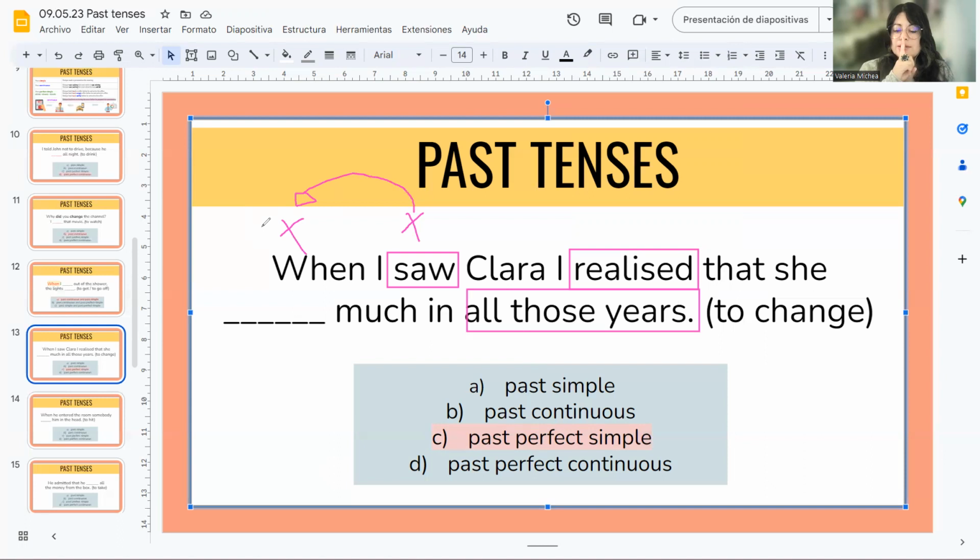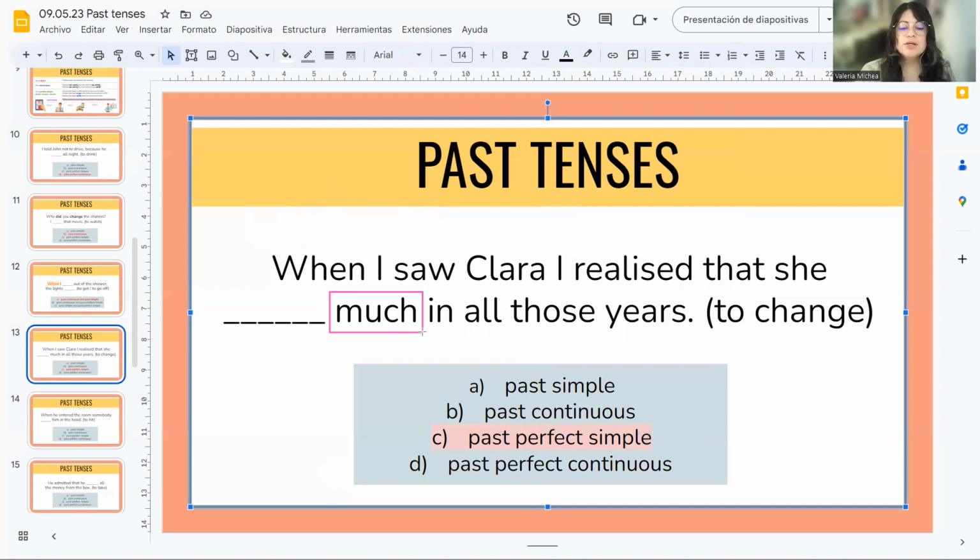Now I have something else to explain. And this is something that you need to remember from previous courses, if you took previous courses with me. I have a comment about much. We have much and many in English. Much is used for uncountable nouns and many for countable nouns. Then we have a lot of or a lot, which is for both countable and uncountable.